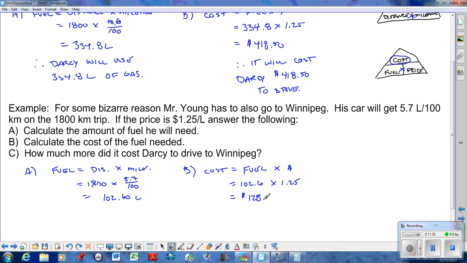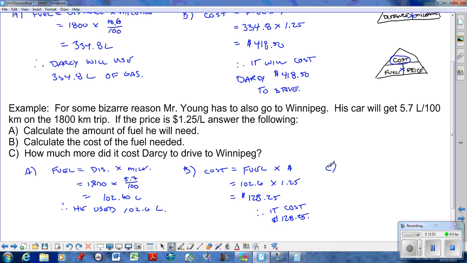So back here, therefore, he used 102.6 liters. And here, therefore, it cost $128.25.